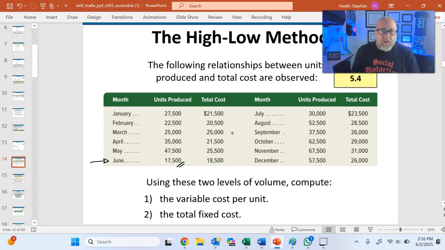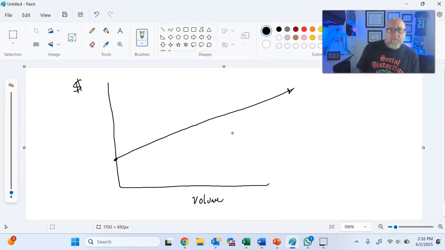And then in addition, what is the highest? What's the highest data point? And I think from all of the data given to us, it's looking like November is the high data point, where we have 67,500. So I'm going to go back to my drawing and say, look, here is the low data point.